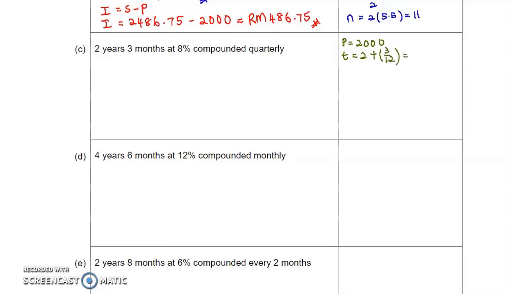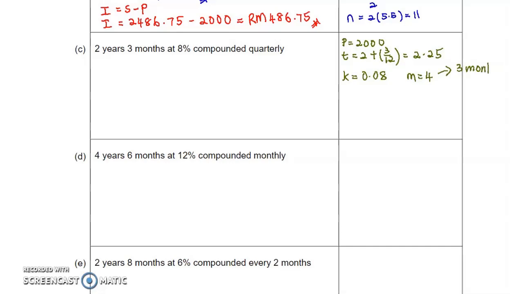If you calculate this, you will get 2.25. At 8% compounded quarterly. So 8% is the annual rate, which is value K. Compounded quarterly, so frequency of conversion m equal to 4, but the interest period is 3 months.